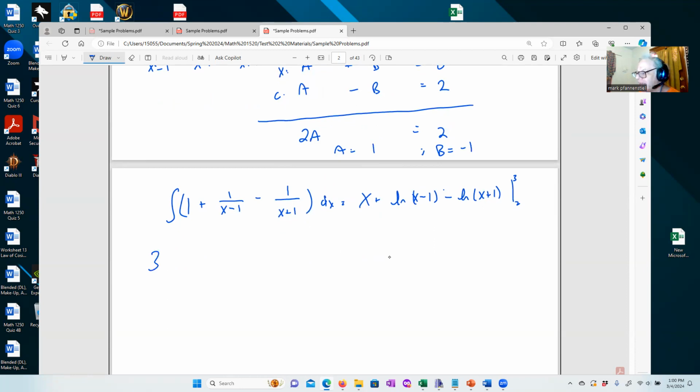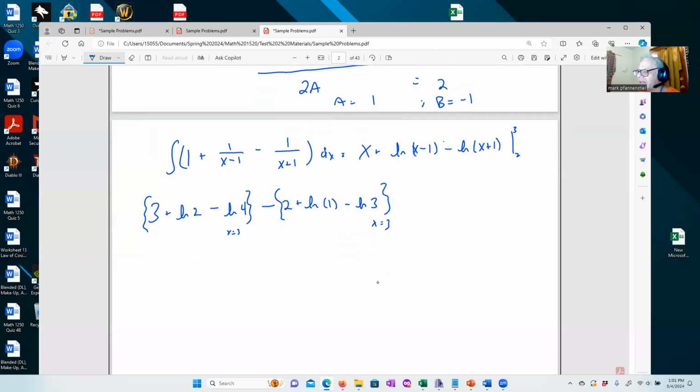So we have 3 plus ln of 3 minus 1, which is ln of 2, minus ln of 3 plus 1, which is ln of 4. Then minus the value at 2: 2 plus ln of 2 minus 1, which is ln of 1, minus ln of 2 plus 1, which is ln of 3.